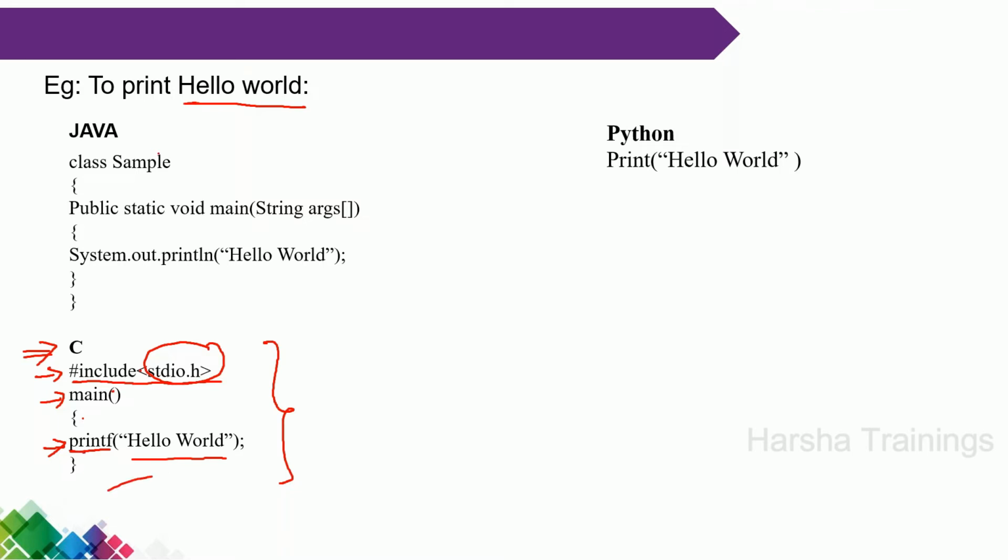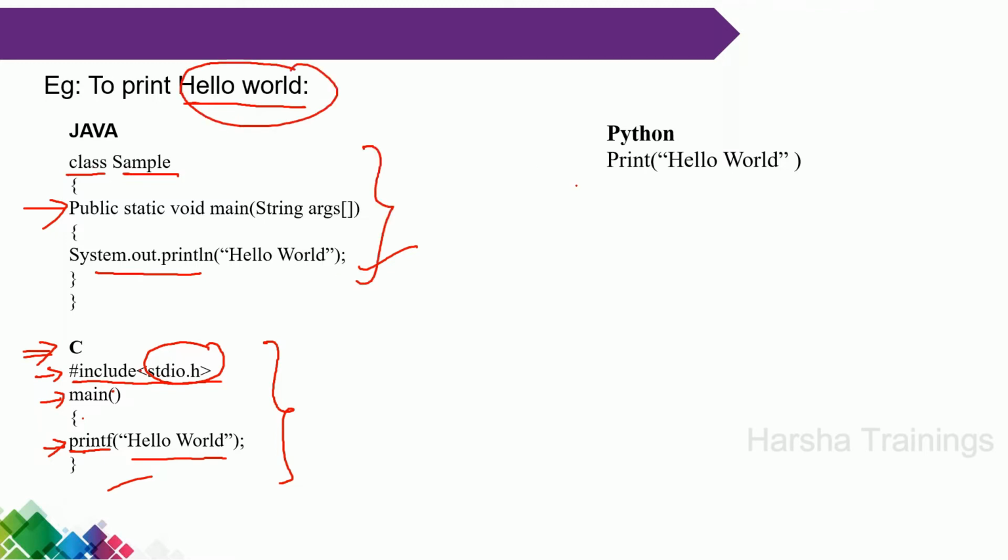Coming to Java. Java is completely object-oriented programming, so even a single line of code is to be written inside the class only. Here we are creating a class sample, and this is the syntax of main. And in this, by using System.out.println, we are printing the message. That means to print a simple message, here also takes much code.